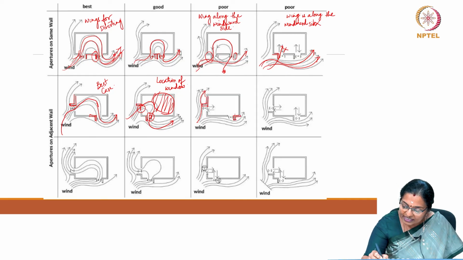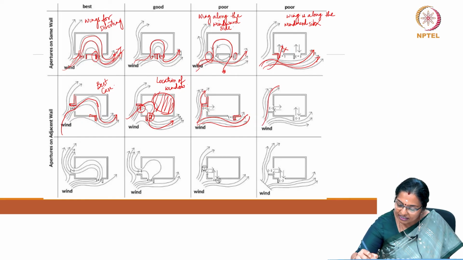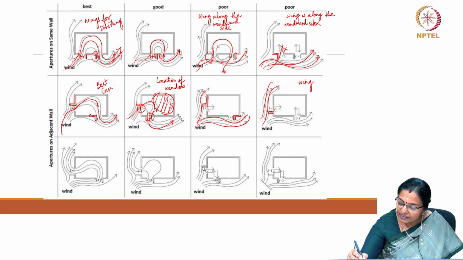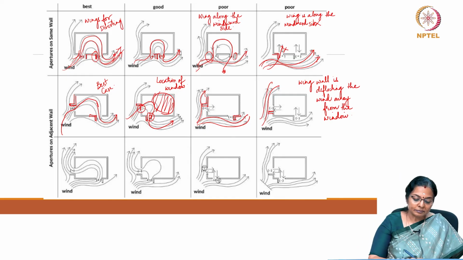The wing wall is actually not encouraging the wind to get inside, and it is the same condition even here, where the wing wall is deflecting the wind away from the aperture, or away from the window or fenestration, or however you may call it.